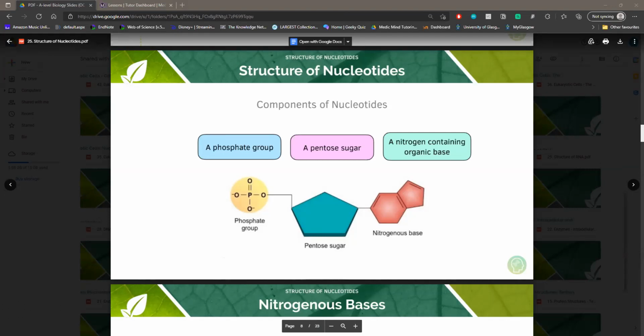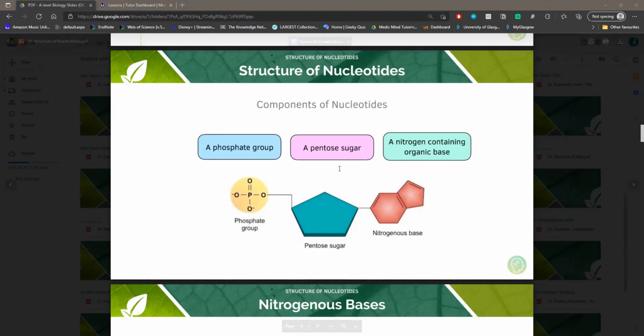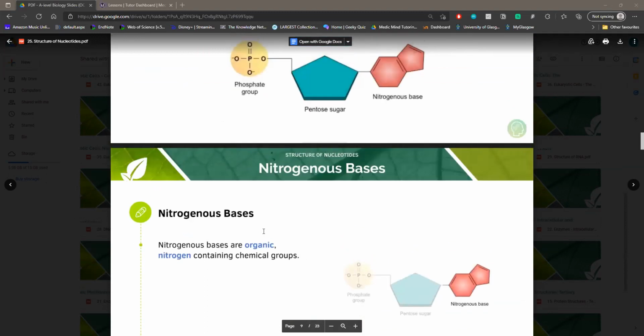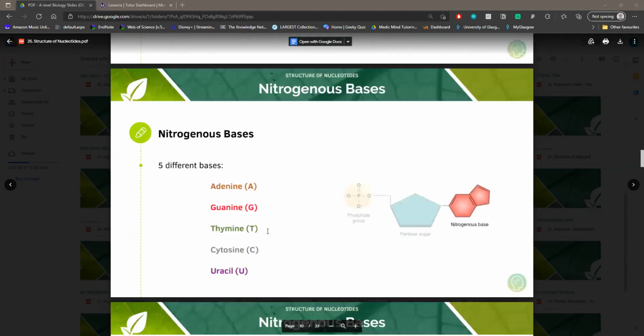ATP, yeah, perfect. ADP, ATP, all of those are also considered nucleotide-based because they contain all the basic parts of a nucleotide: phosphate groups, pentose sugars, and nitrogenous bases.